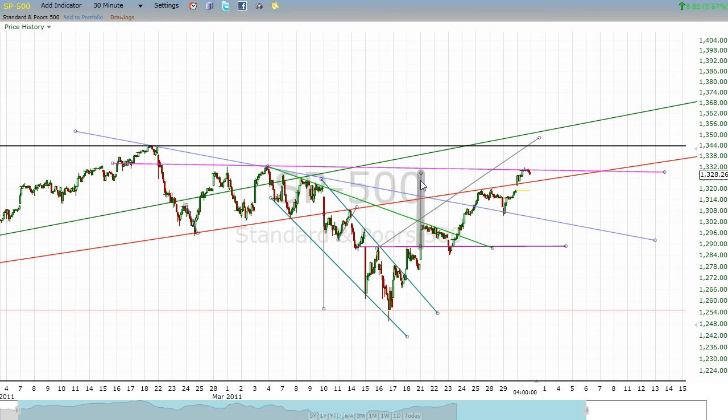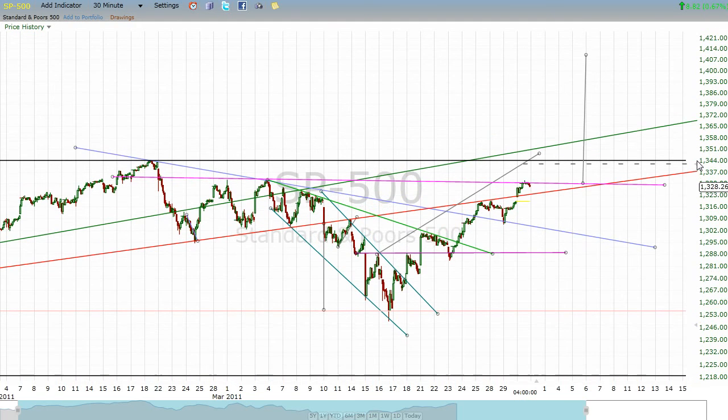Let's do our homework just in case it is, because if it is, the target from that pattern, if it were to develop, would be about 1410. So am I willing to call that yet? No, not yet. But does it look suspiciously like it could be developing? Could be. So anyway, that's the S&P 500.